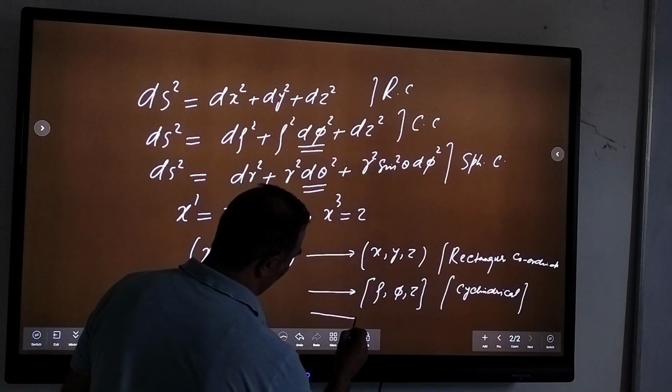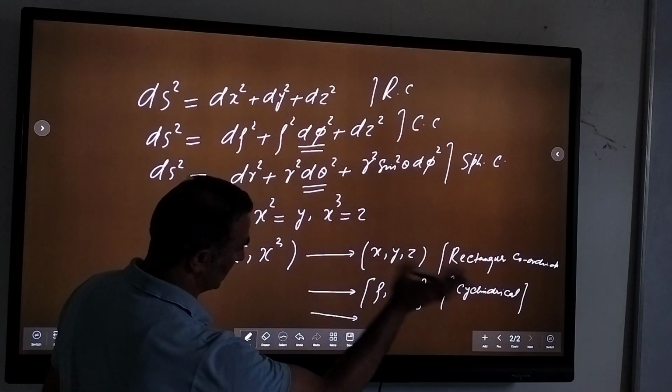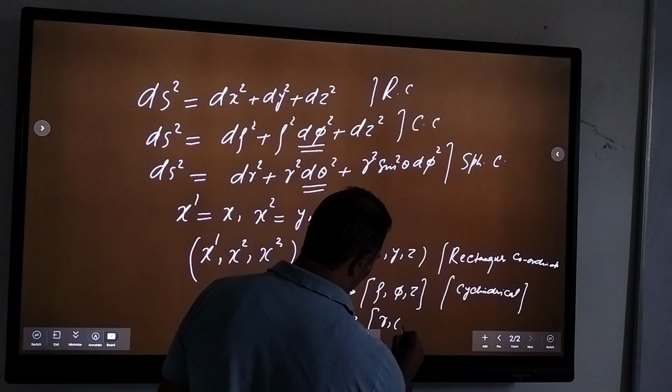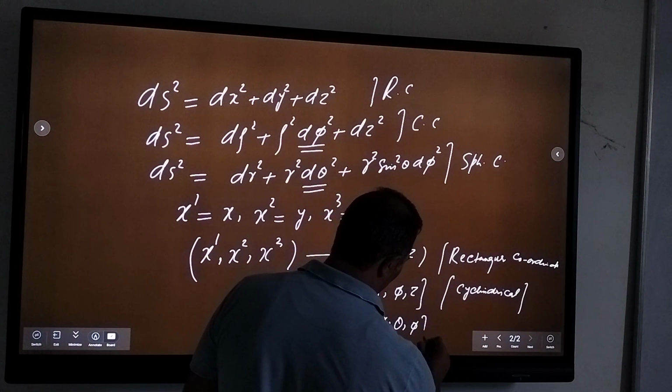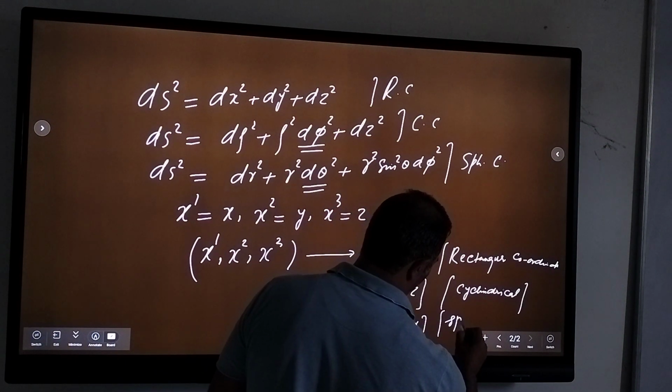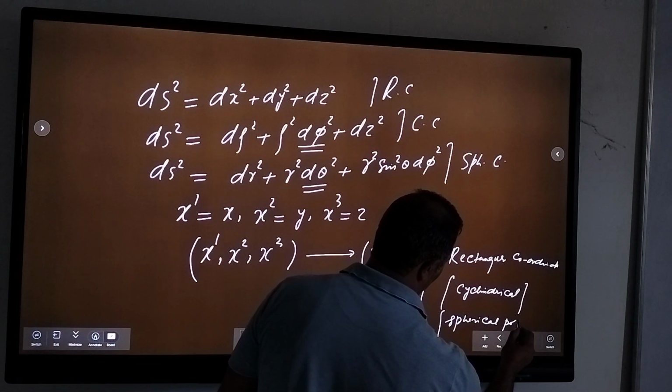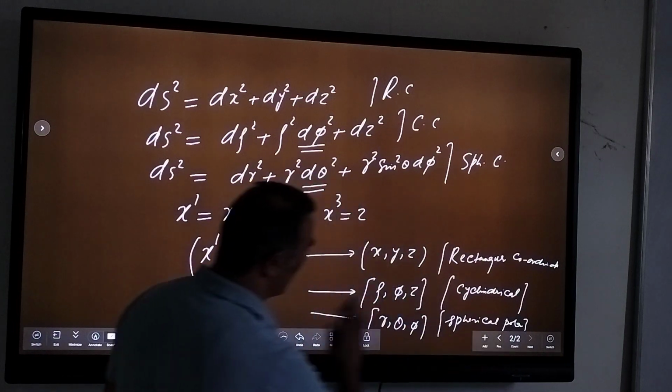And similarly, if I write these coordinates in spherical polar coordinates, this is in spherical polar coordinates.